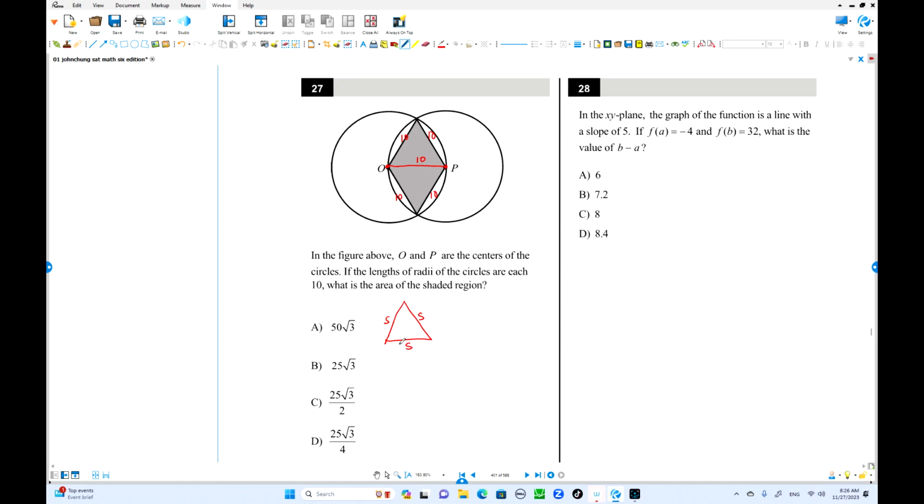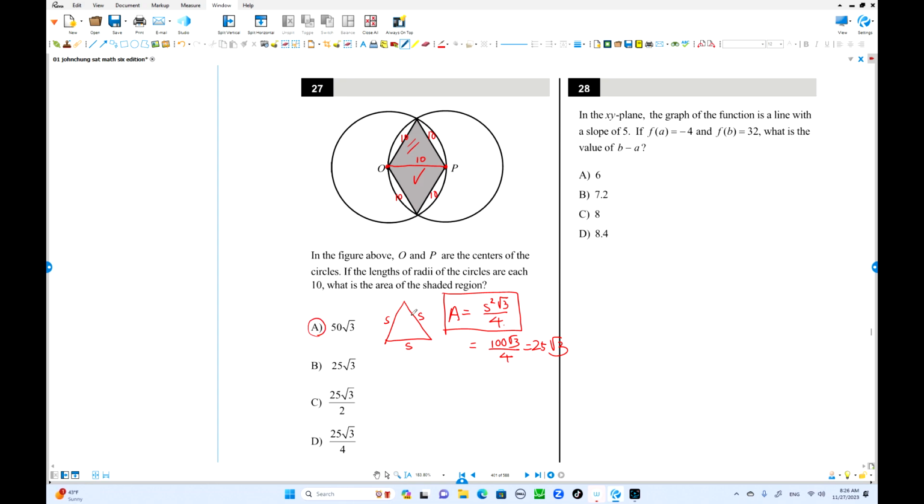When you have an equilateral triangle, area equals s squared times rad 3 over 4. That's the formula. I put the number 10 there: 100 times rad 3 over 4, that is 25 rad 3. But we have another one over here, so times 2, 50 rad 3 is the answer.